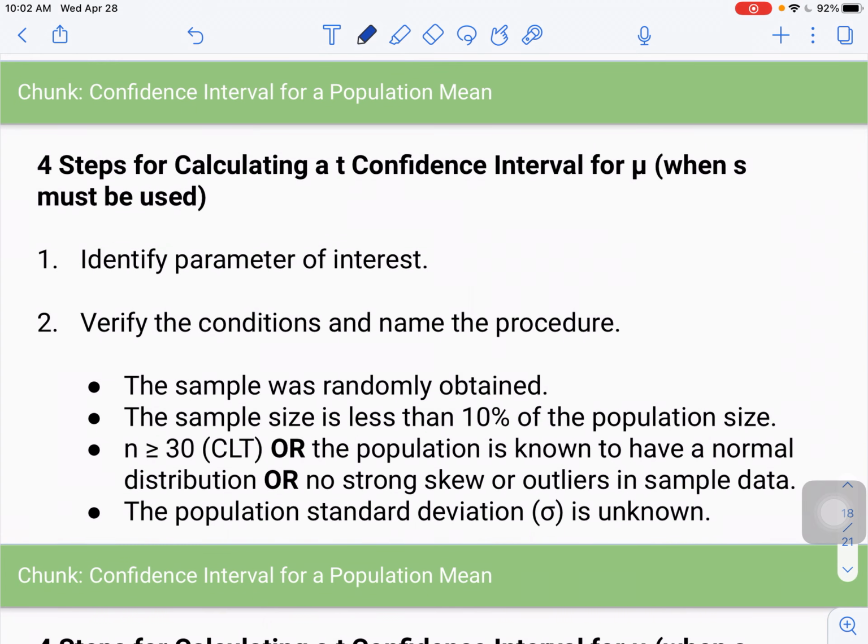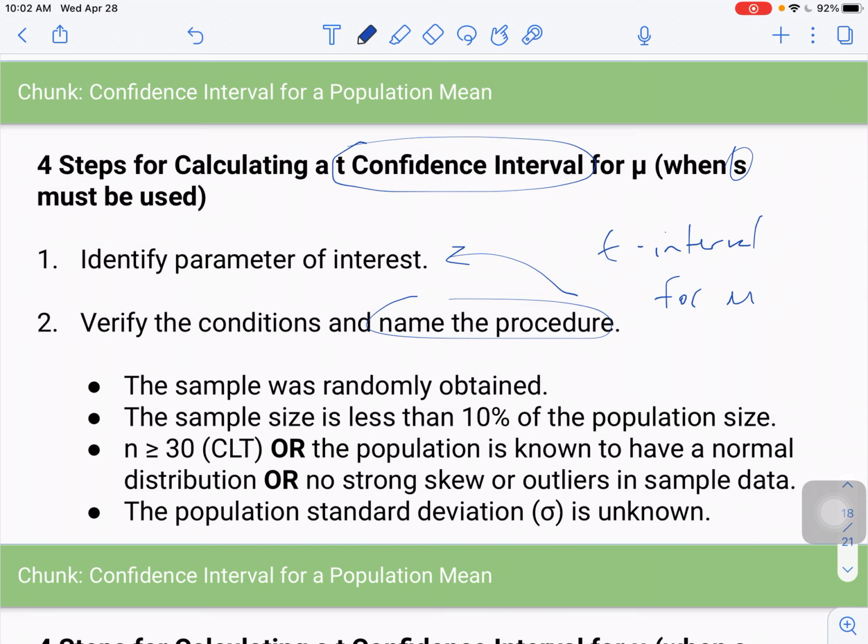Okay, so now let's look at the 4 steps for calculating that T confidence interval for mu. So now this again is where S must be used. Okay, so remember for step 1, you're going to identify that parameter of interest and you're going to name your procedure. So the procedure here, I call it the T interval for mu. And then in step 2, you're going to verify your conditions. So sample was random, 10% rule.